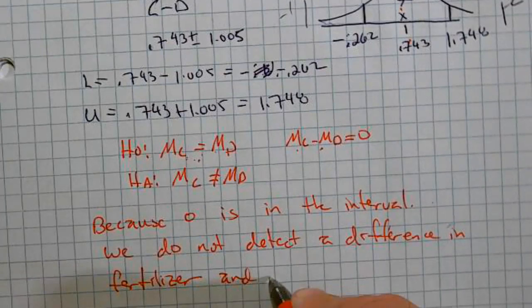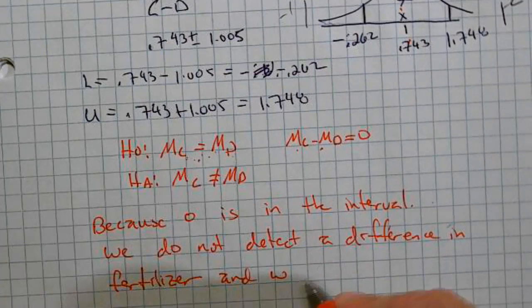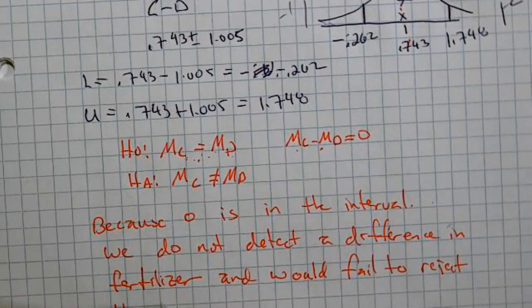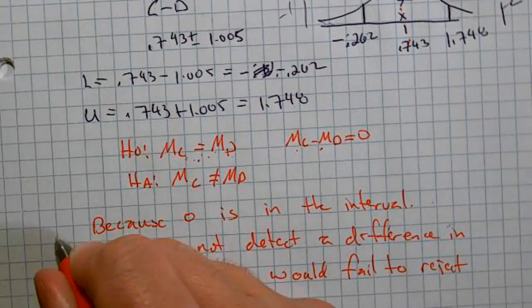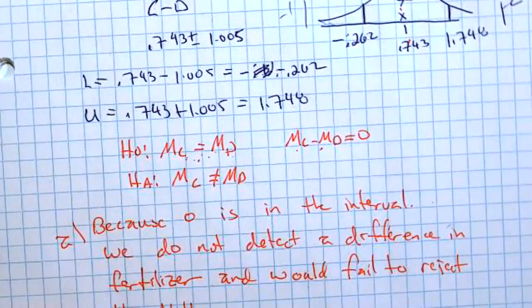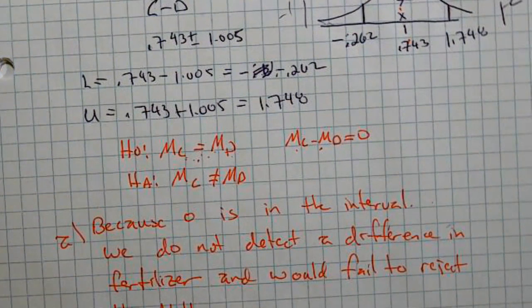And not detecting would mean saying they're equal and would fail to reject the null. Right? So that's part A. We'd fail to reject the null. Because 0 is in the interval, we do not detect a difference. In other words, they're equal, right? We say that they're equal.